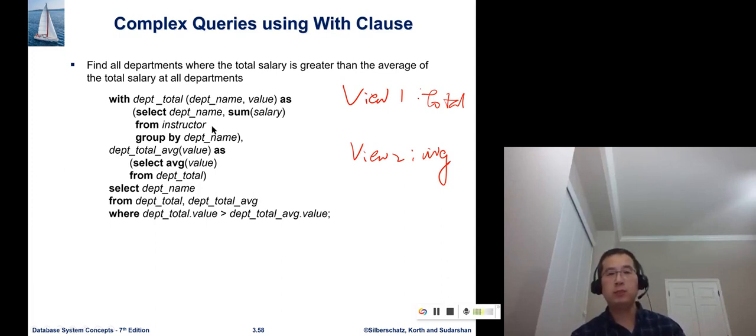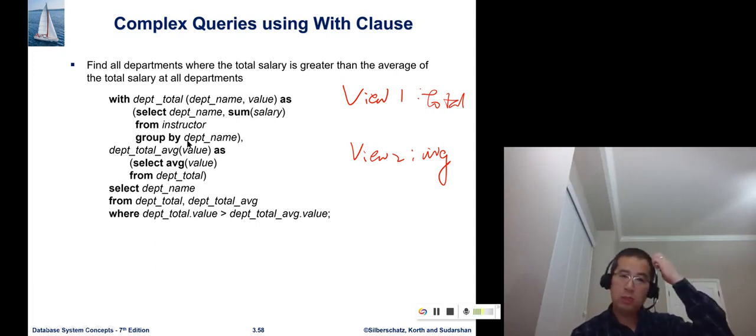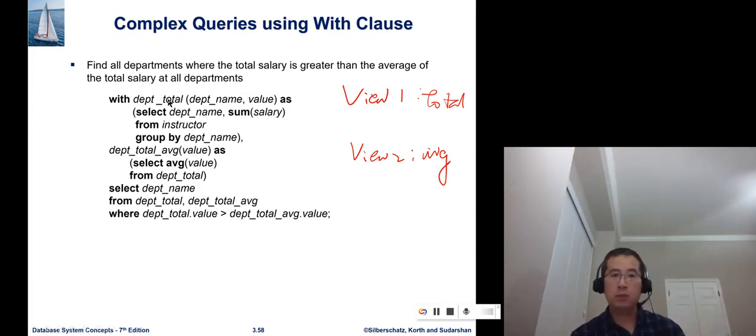And next, we want to average these values, these total salaries across all the departments. So how to average? You will select from here, then do the average from department total, and we average all the values.